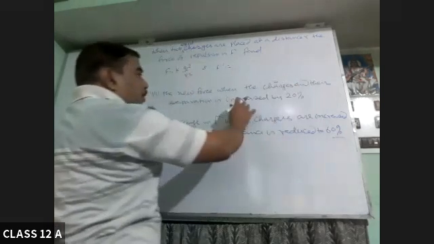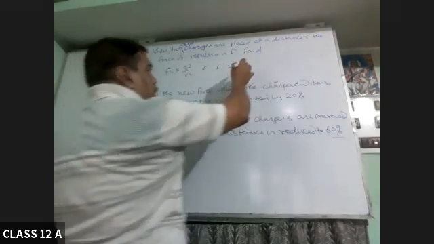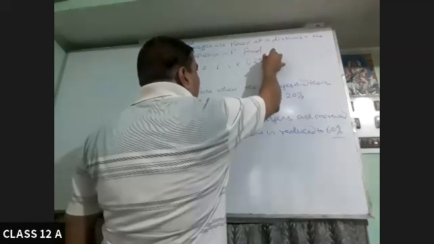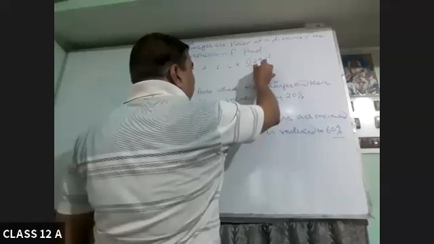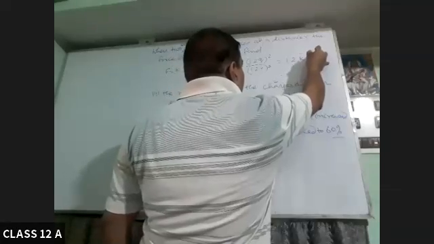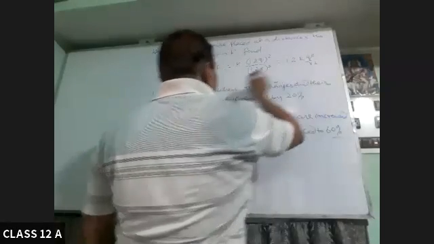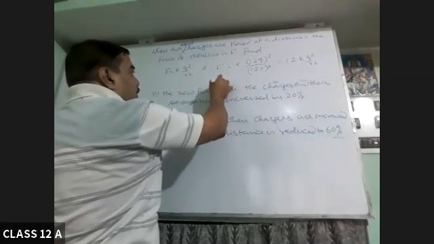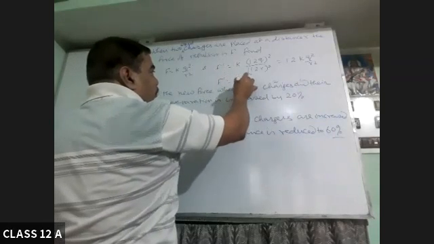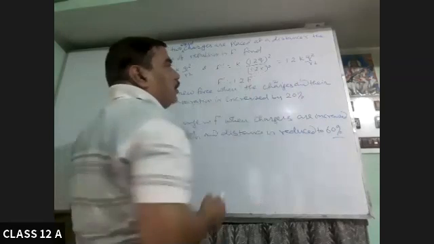Charge and their separation both are increased by 20%. So what will come? Q plus 0.20 Q, that is 1.2 Q, whole square over 1.2 R whole square. So it is 1.2 K Q square over R square. That means this F dash will become 1.2 times F.